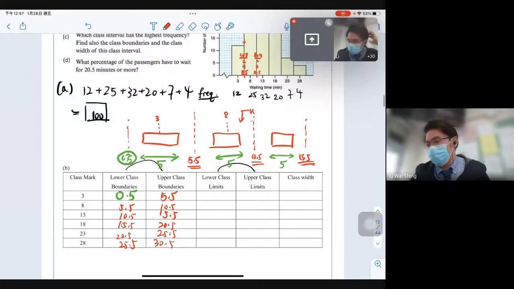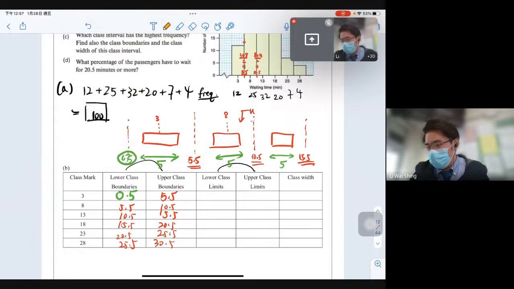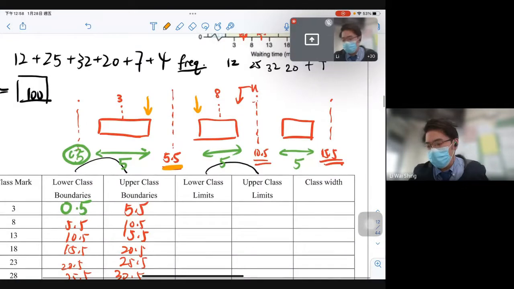Okay, so next, let's talk about the class limit. When the class boundary is 5.5, what should be my upper class limit? What should be my first value here? And here also the same.